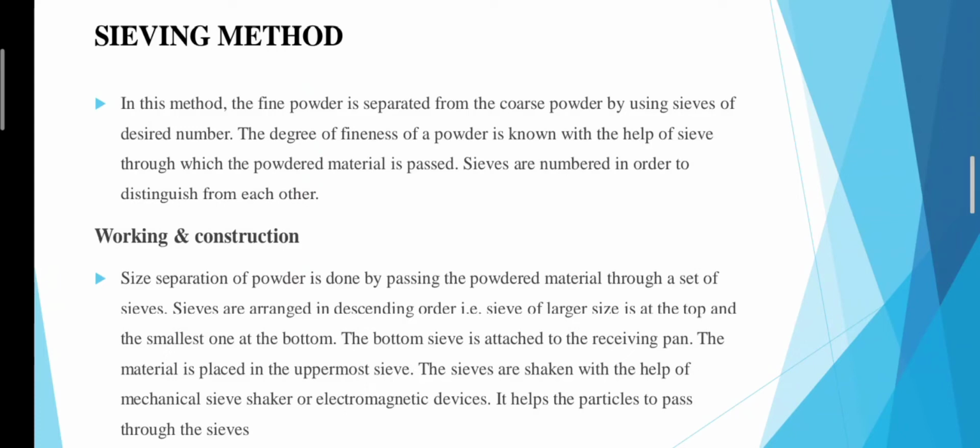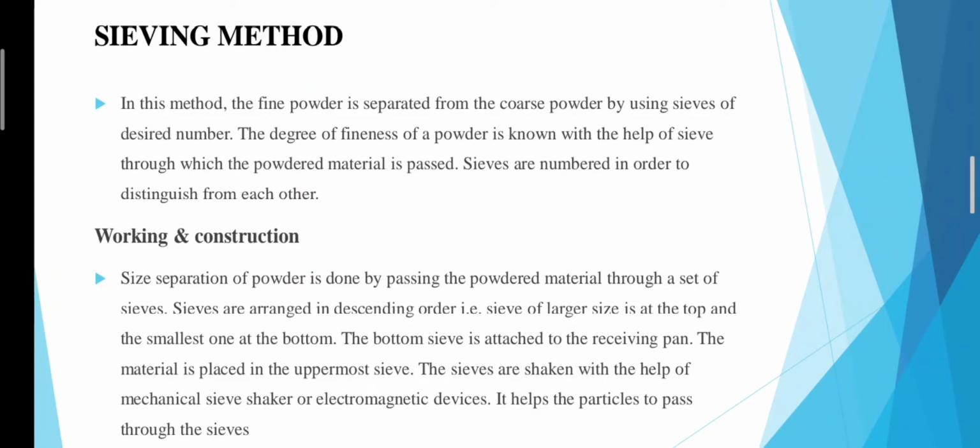Working and construction. Size separation of powder is done by passing the powder material through a set of sieves. That means 8 or 9 sieves are arranged. Sieves are arranged in descending order. The sieve of larger size is at the top and the smallest one at the bottom.